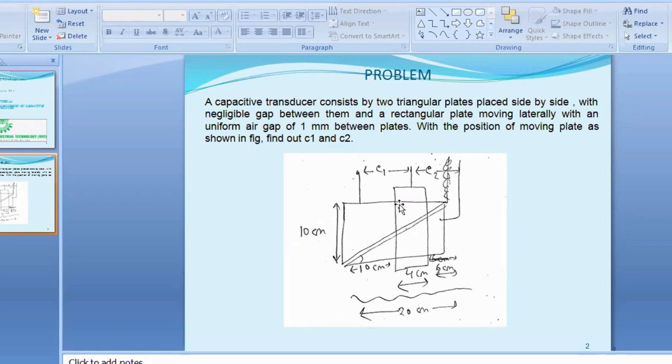So now what you have to do? You have to find out the area. Area means the overlapping area.